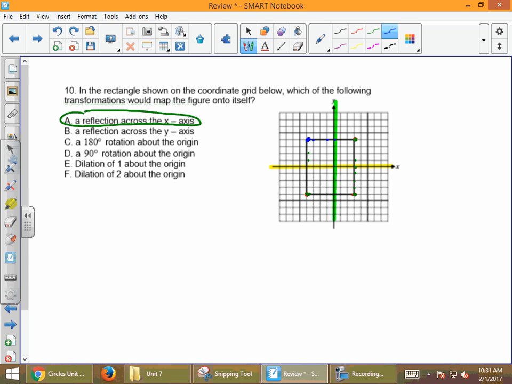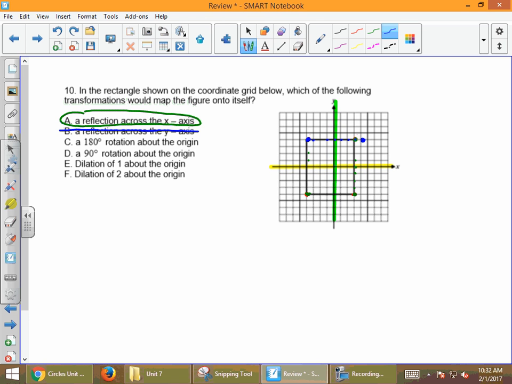Go forward the other direction. 1, 2, 3, 4. Does that map onto itself? Does this blue dot go on the other dot, the exact point? No. So it does not map onto itself, so guess what I can do with B? Cross it off. Don't need to do any of the other points because one does not work. It does not matter.